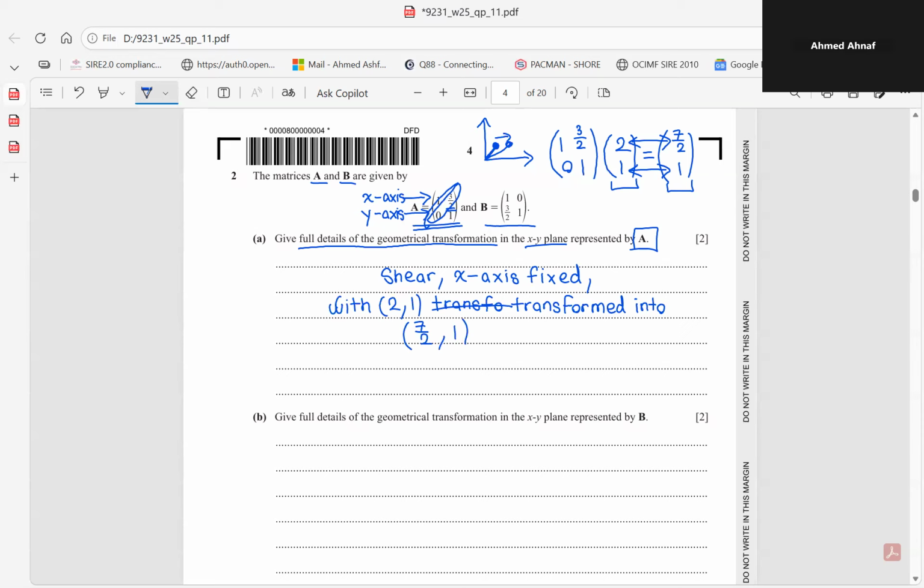Something like this. So these are the 3 parts whenever you have to describe a matrix that describes a shear transformation. Okay, so this would be our answer for our first part.